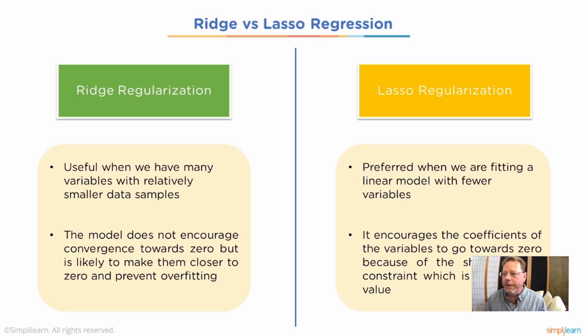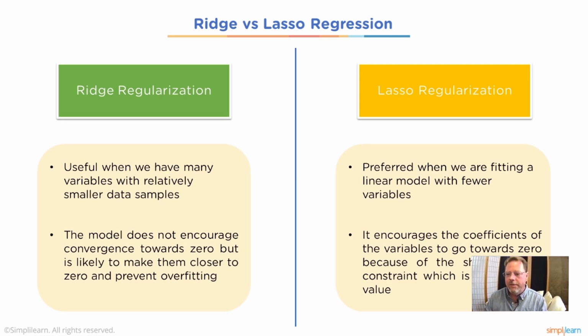The Lasso regularization model is preferred when we are fitting a linear model with fewer variables. So in the iris thing, we had 4 or 5 variables as we measured the different leaf pieces. You might be doing the measurements on the cancer project, which has 36 different variables.